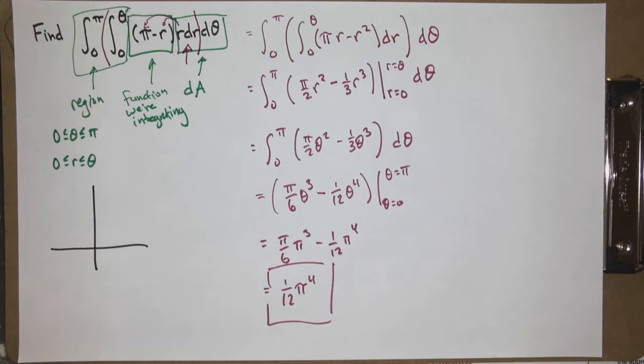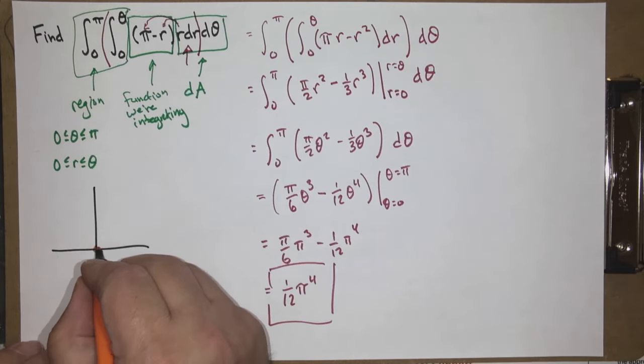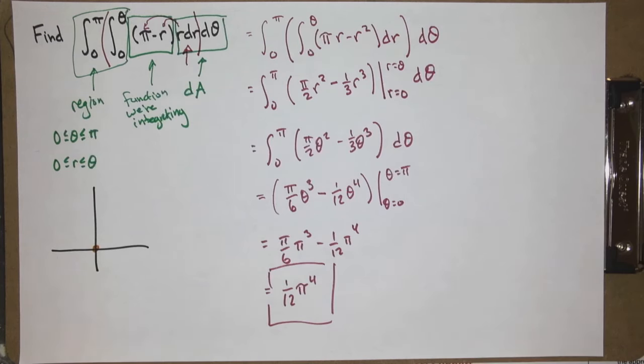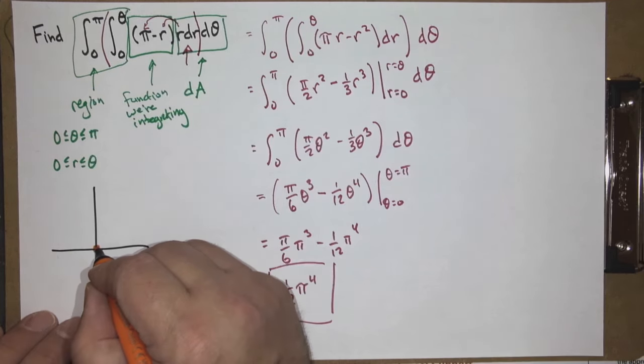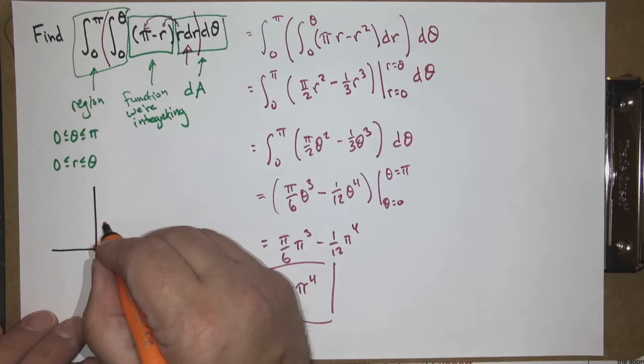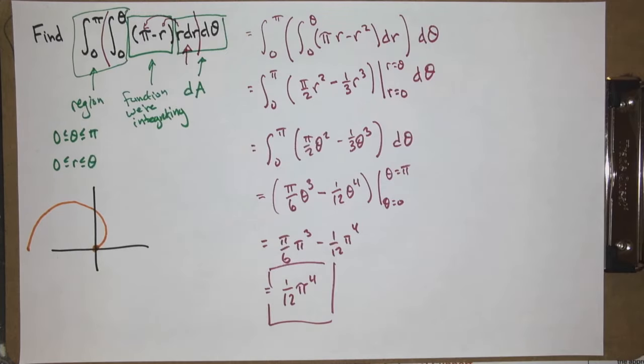R equals 0, where is that? It's the origin. So we're going on the top half, we're going from the origin out to a curve. Which curve? R equals theta. Now, that curve is probably not quite as familiar, but what it looks like is that as you let theta grow, R grows.